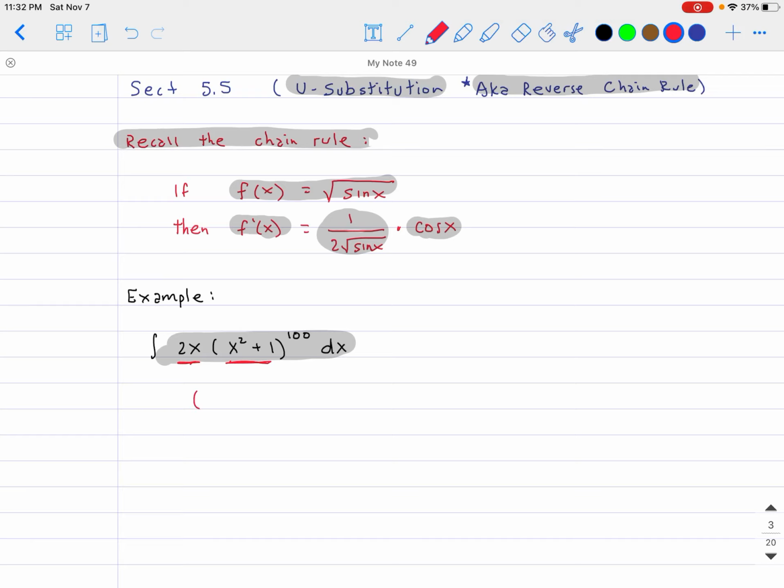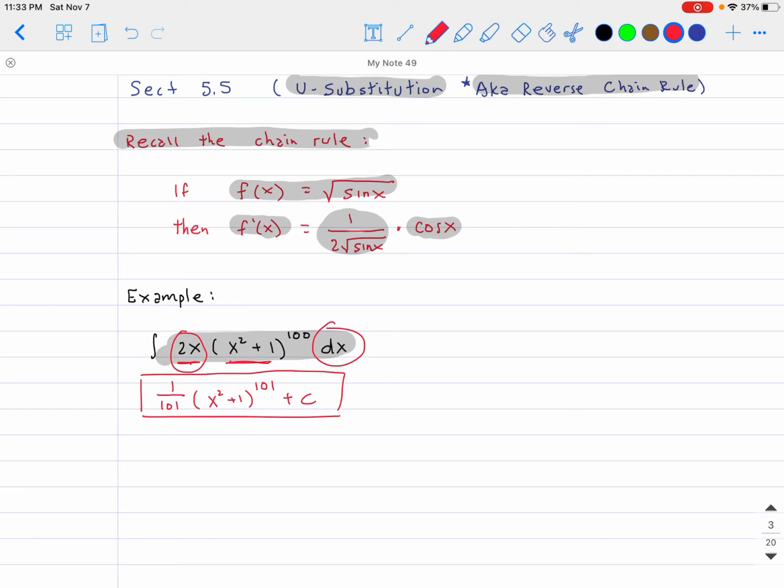The antiderivative would then be x squared plus 1 raised to the 101 power, because that's really just the power rule. Normally it would produce the 2x, but in this case, the 2x over here and the dx right here, that's where the chain rule comes in. As a final part, according to the power rule going backward, I'm going to divide by 101, and then we're going to say plus c, and that right there is our antiderivative.